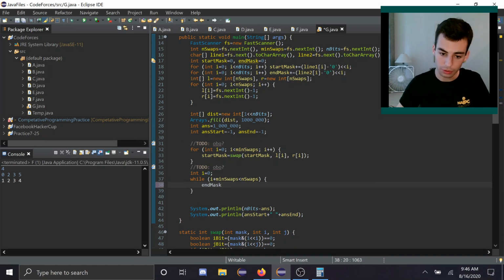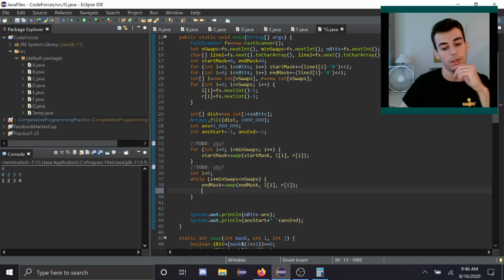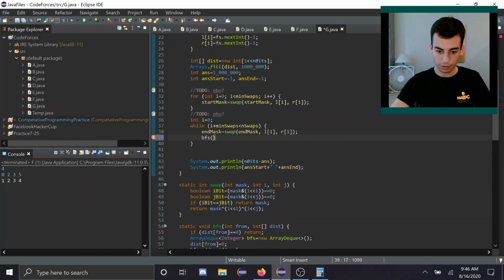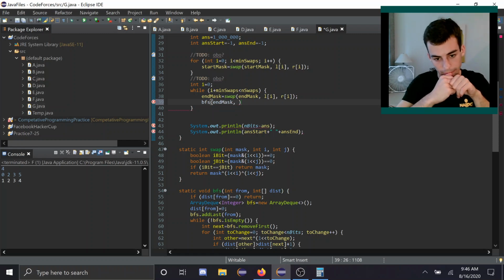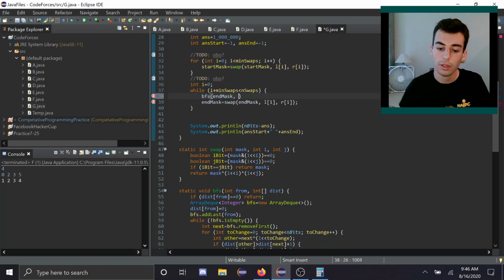End mask equals swap end mask L at I with R at I. BFS from the end mask to, where do we go to?